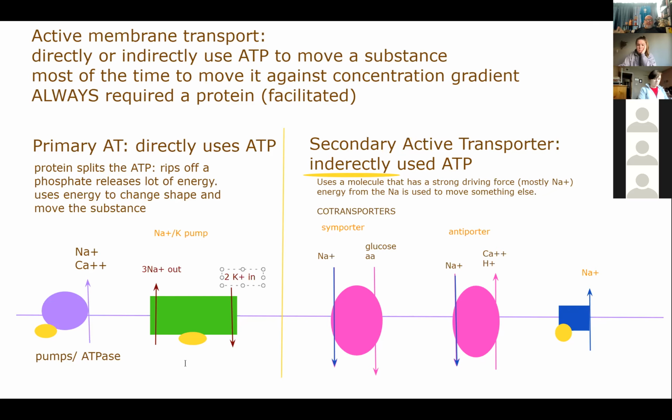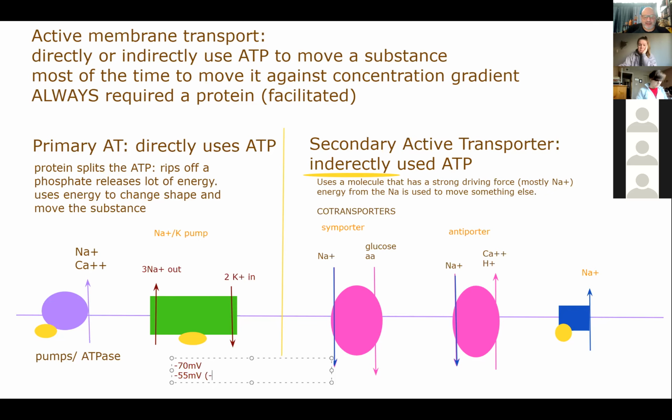And remember, our cell's resting membrane potential is about negative 70 millivolts. They've actually looked at studies where they block these sodium potassium pumps. And when they do that, the cell's membrane potential goes up to almost negative 55 millivolts.